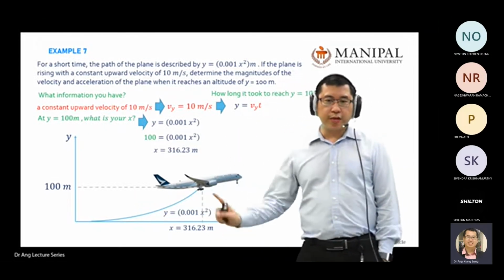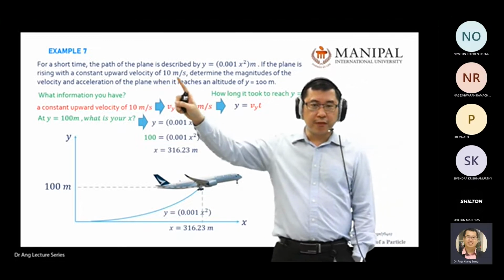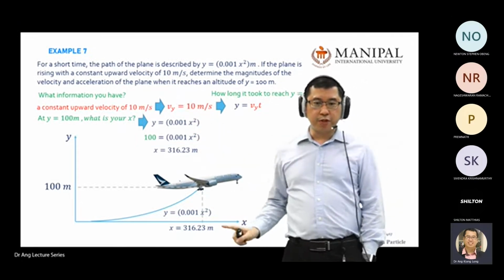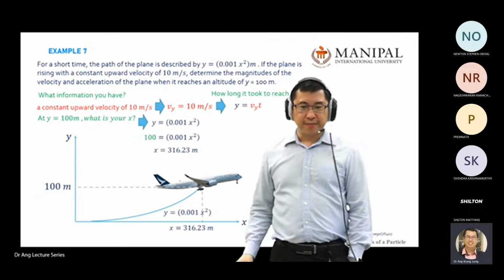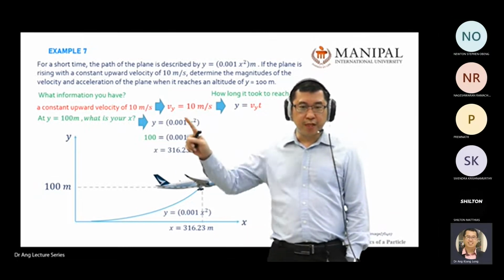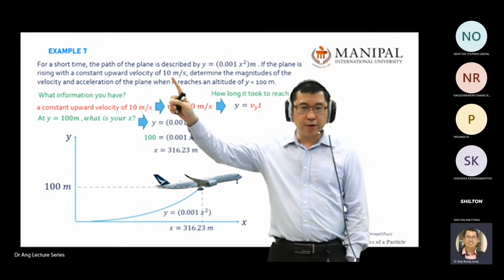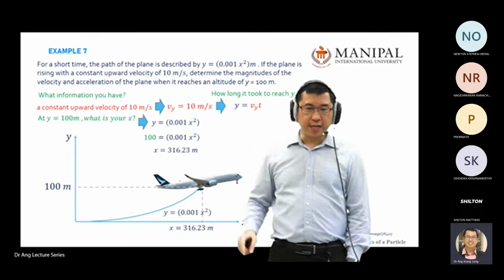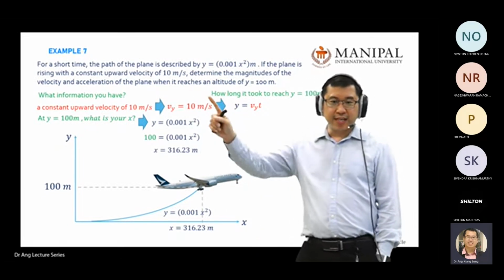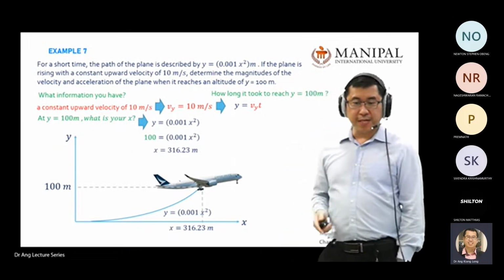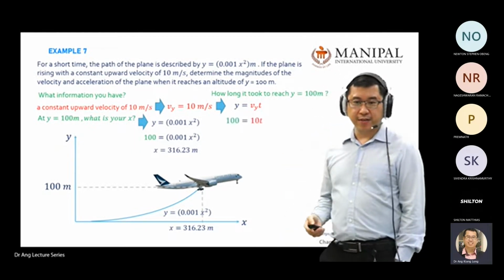You're going up with a speed of 10 meter per second. 1 second, 10 meter. So 10 seconds, you get 100 meter. So the time is 10 seconds, right?